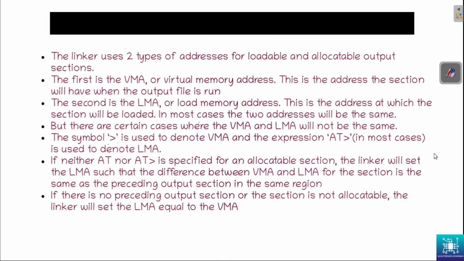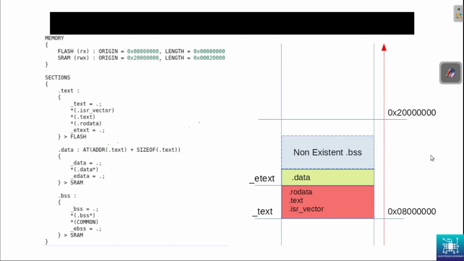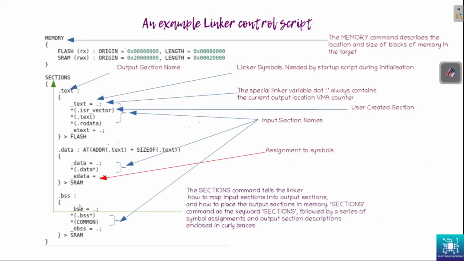Now if neither at nor at greater than is specified for an allocatable section, the linker will set the LMA such that the difference between the VMA and LMA for the section is the same as the preceding output section in the same region. We saw that when we were discussing the linker control script. Here we do not talk about the LMA specifically. It just takes the difference of the VMA and LMA for the previous section, and allocates the memory accordingly. To begin with, it assumes the VMA is equal to the LMA, so here also we do not do an at.